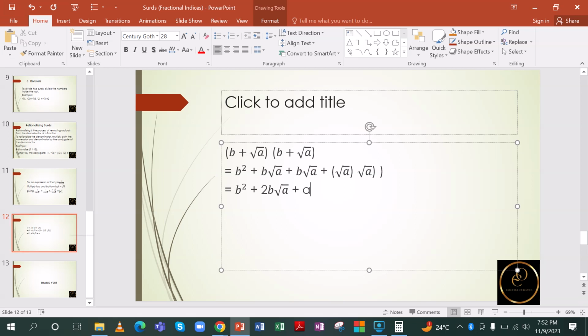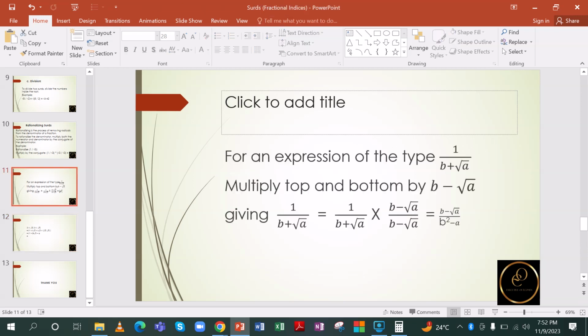Okay, so this one can be simplified, factor out. You are going to end up with the end product, which is down below here. So that's b squared minus a.